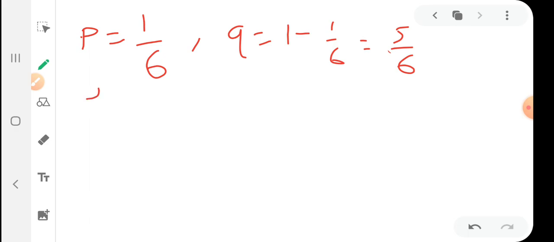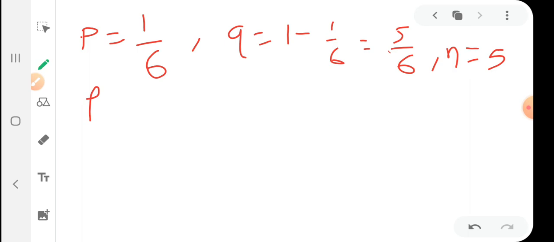Now our f of x we can define. What is the value of n now? How many times do we toss a die? It is 5 times, so n is equal to 5.